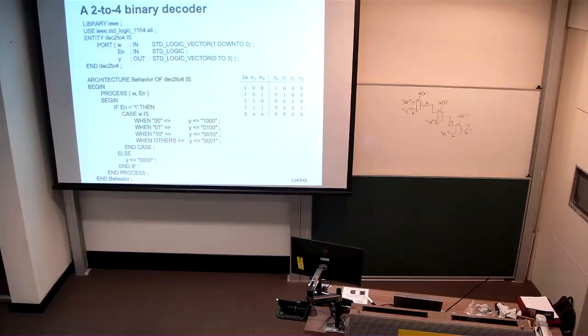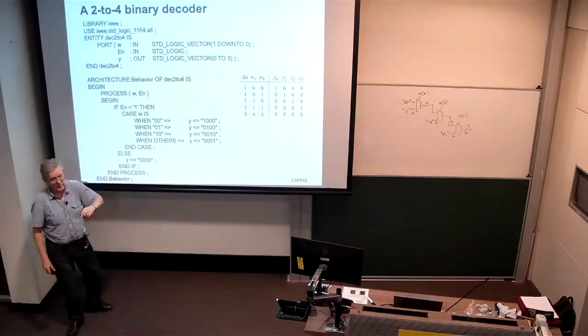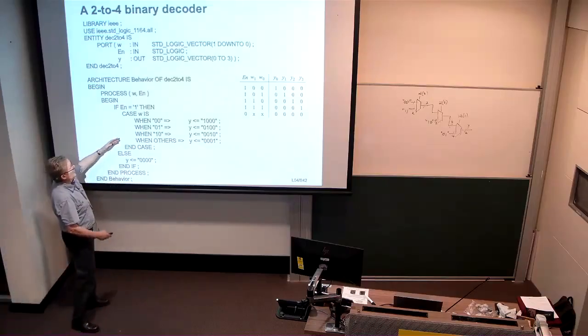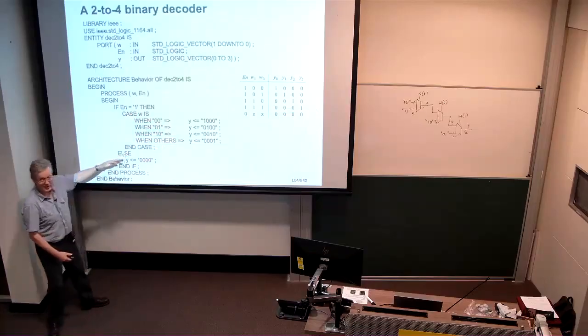Okay, here's an encoder. So taking a 2-bit signal W as an input and providing the output. What sort of circuit would implement this? So if this was a 2 to 1 mux, what's this?